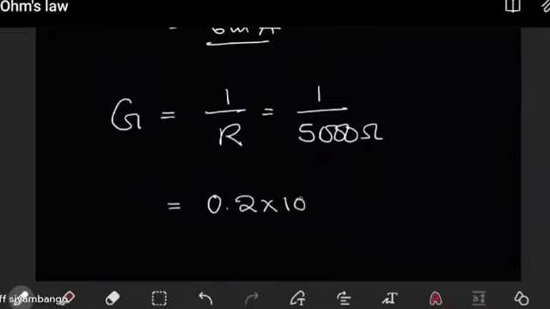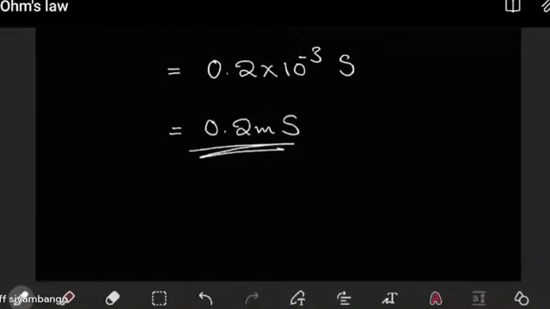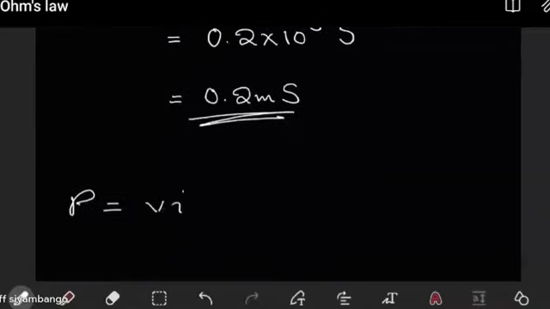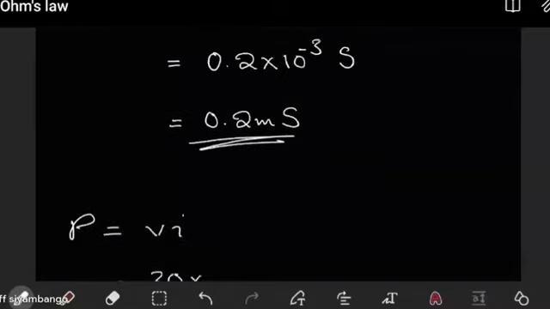And the last part is the power. In electric circuits, we know to say power is voltage times current. We already have the voltage supplied, that is 30 volts. And then we have the current. The current here, we did find as 6 by 10 to the minus 3.